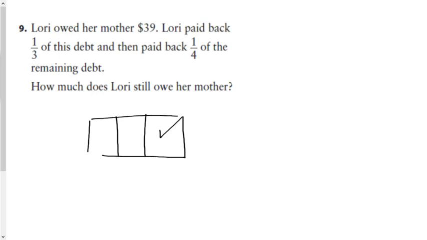Here's a question for you. If she pays back a third of the debt, how much debt does she owe still? She owes 2/3 of the $39. Agreed? Okay. So I'm going to write that down as 2/3 of the $39 is what she still owes after she pays back a third. Does everyone agree with that?